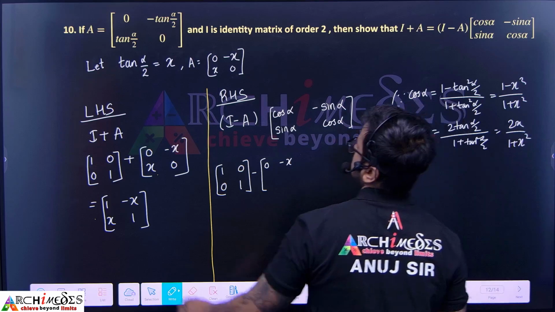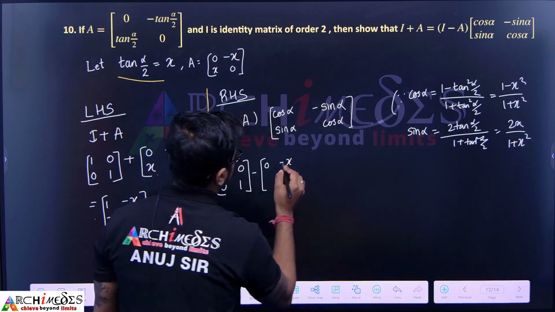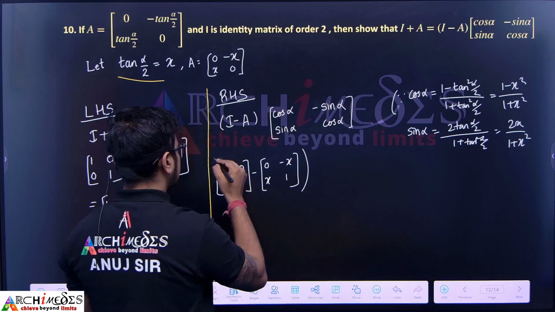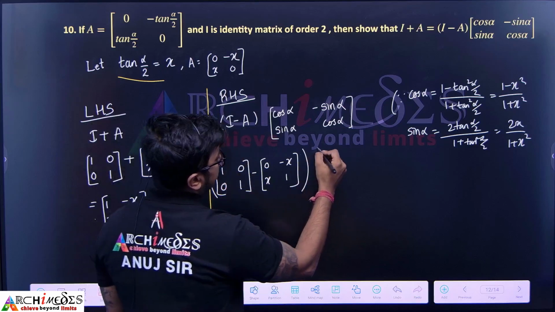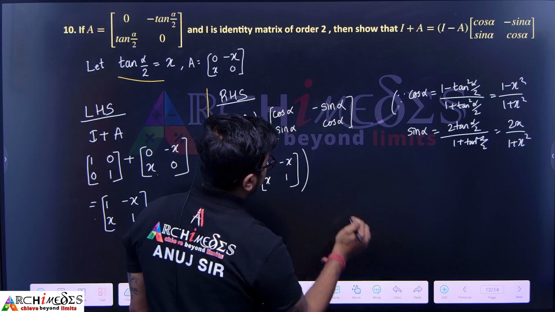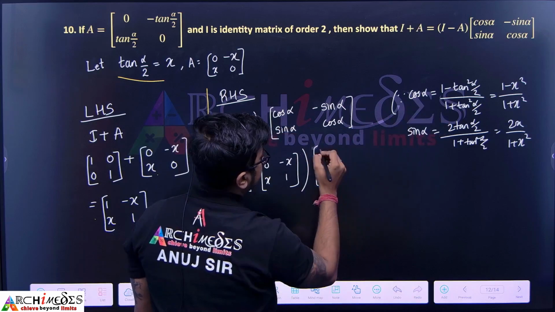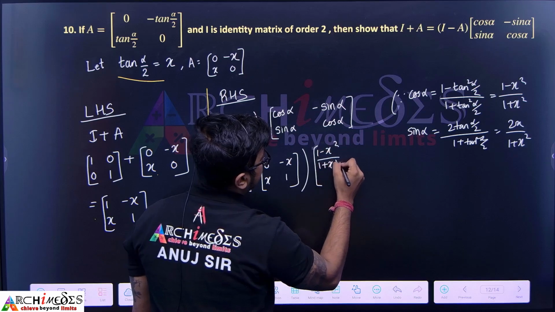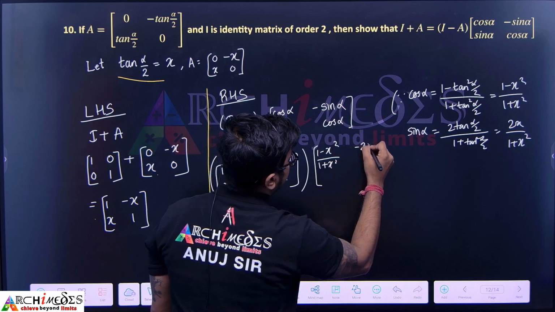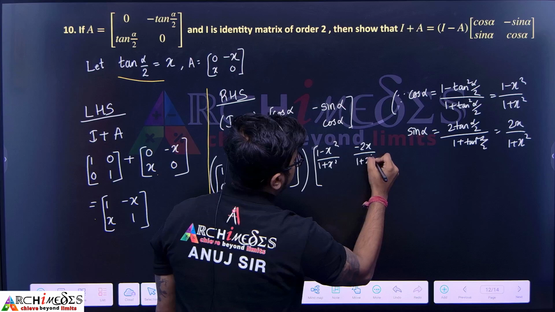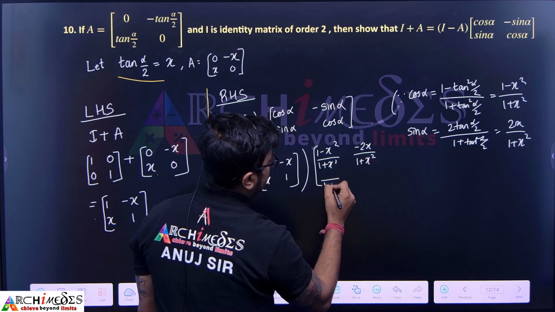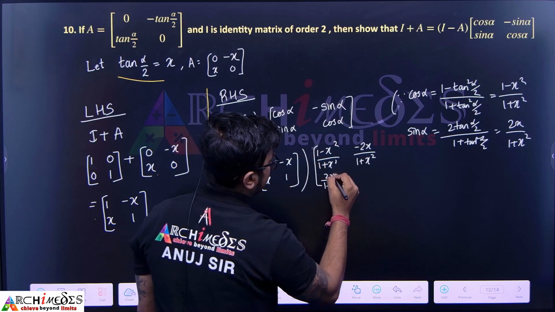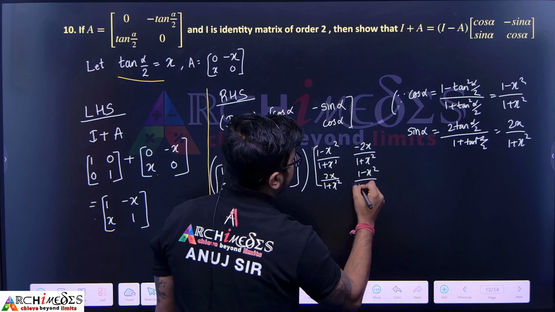In place of cos alpha I write 1 minus x square by 1 plus x square, and in place of sin alpha I write 2x by 1 plus x square, with the minus sign where needed. Any doubt?